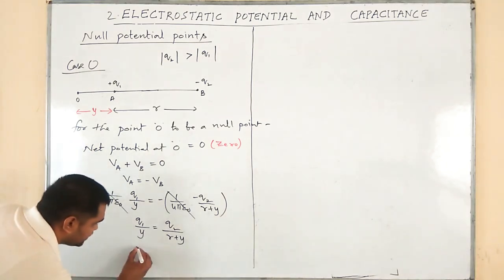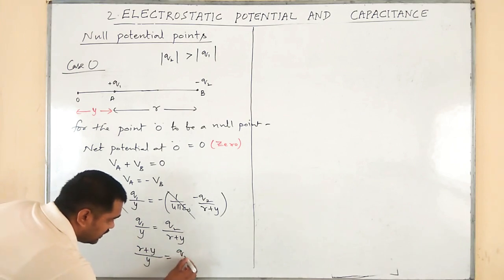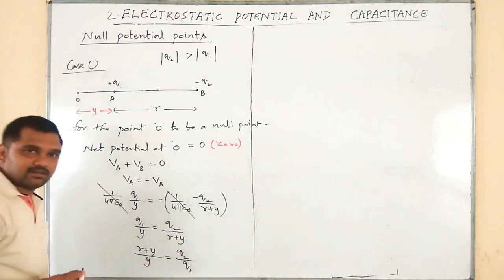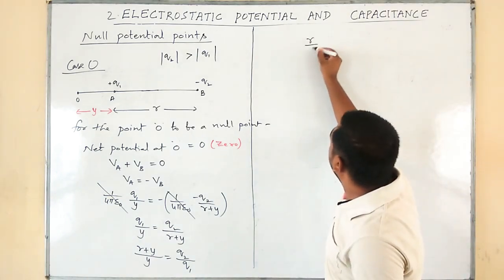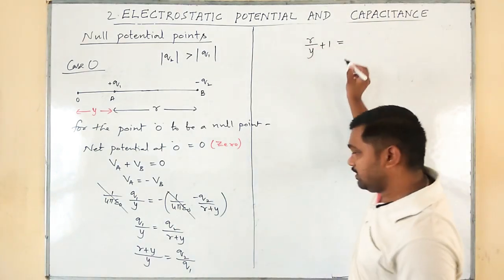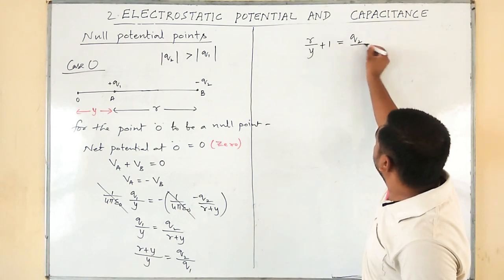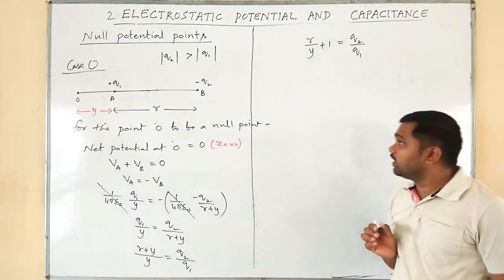On cross multiplication, we get (R plus Y) over Y is equal to Q2 over Q1. Next, again rearranging the terms gives us R divided by Y plus 1 is equal to Q2 divided by Q1.